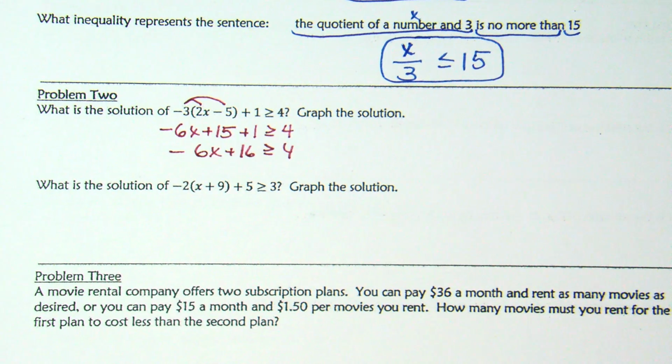What's my next step? Okay, subtract 16. If it's negative 6x plus 16, we're going to subtract 16. If I subtract 16 on the left, subtract on the right. And negative 6x greater than or equal to, what's 4 minus 16?